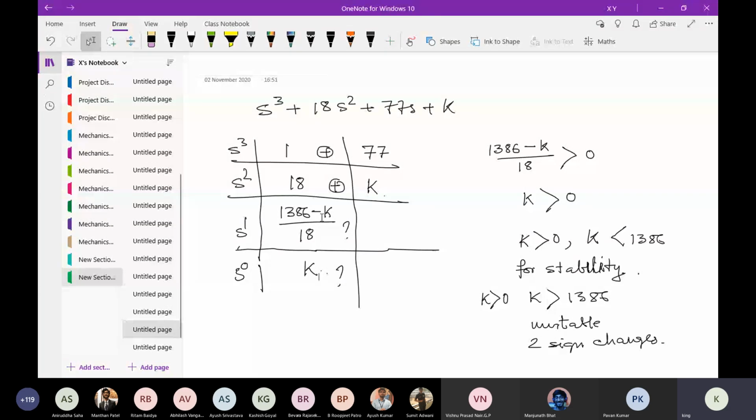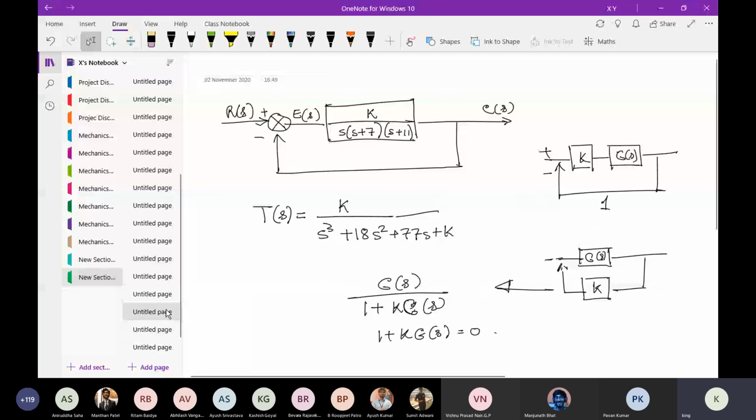It won't even be called a gain. To make things complicated, in place of S plus 7, you will have S plus K1. And so for what value of K1 will you see oscillations in the system? The question can be posed like that.